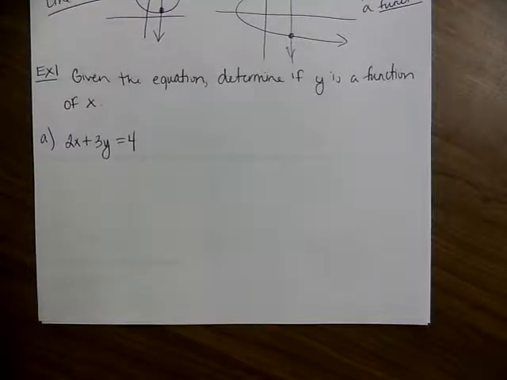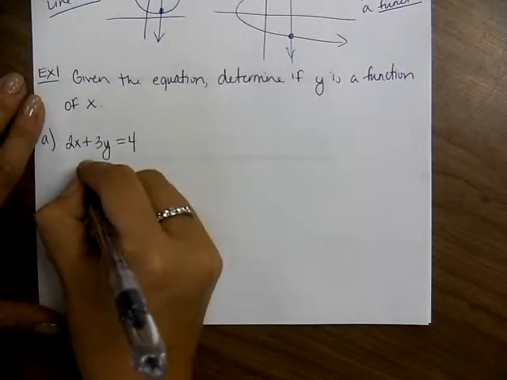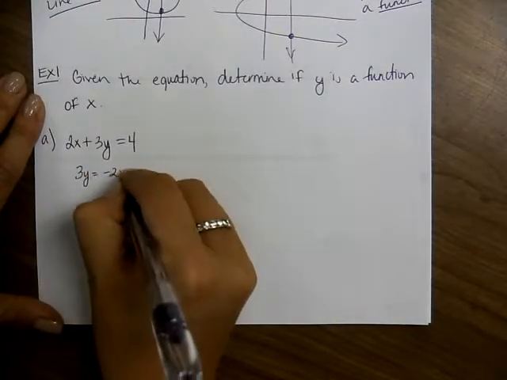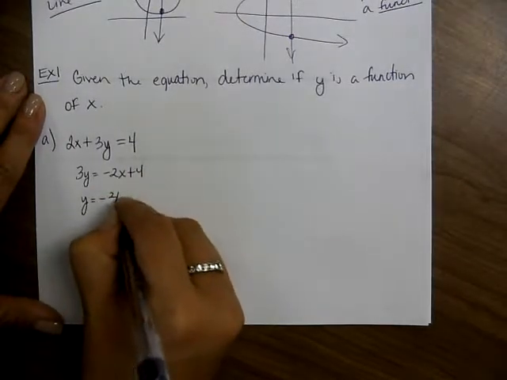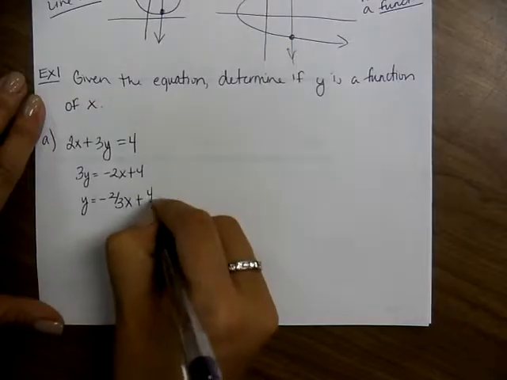Okay, so anytime you do this, you are going to solve for y, okay? And then once you do, you're going to try to decide, is it true that for every x there's just one unique y for an answer? Or you can think about the graph, does it pass the vertical line test, okay? So if I solve for y, I get 3y equals negative 2x plus 4, divide by 3, so y equals negative 2/3 x plus 4/3.